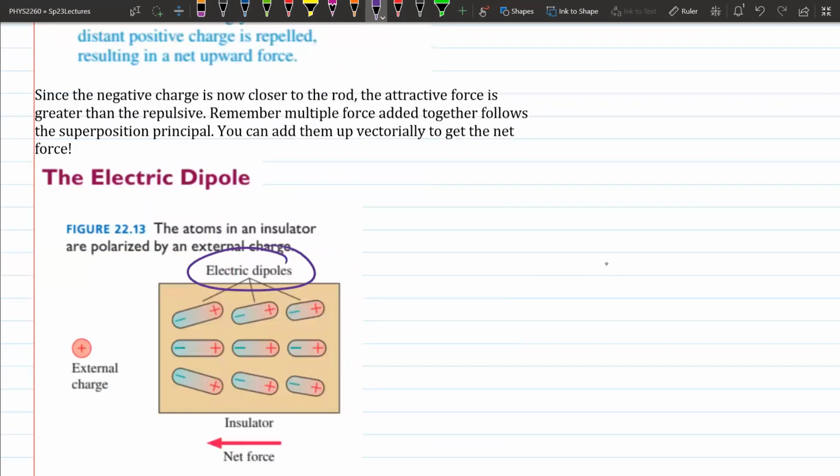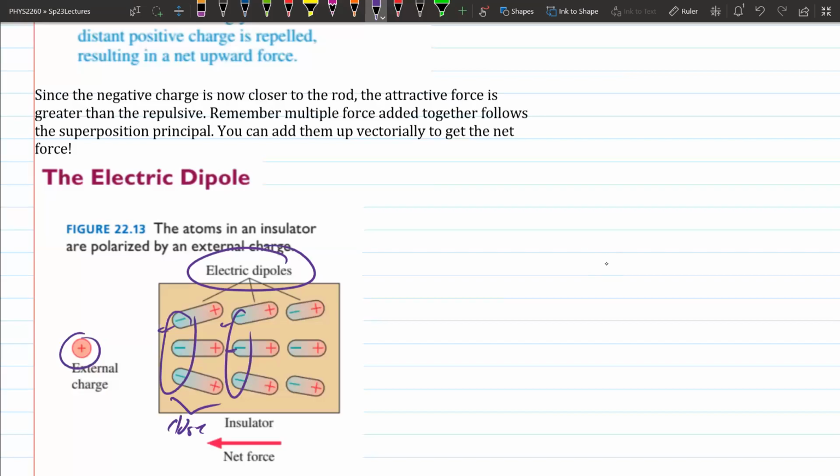So I want to make sure this effect is clear: by having a positive charge here, it attracts the negative charge more towards the direction of the positive charge and then repels away the positive charge, because like charges will repel. Now these negative charges are closer than the positive charge, and that's why the paper gets attracted to it.